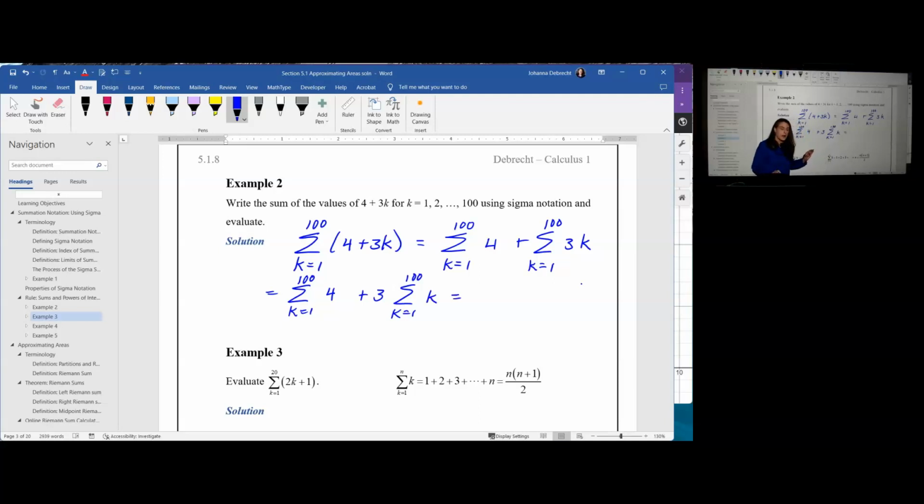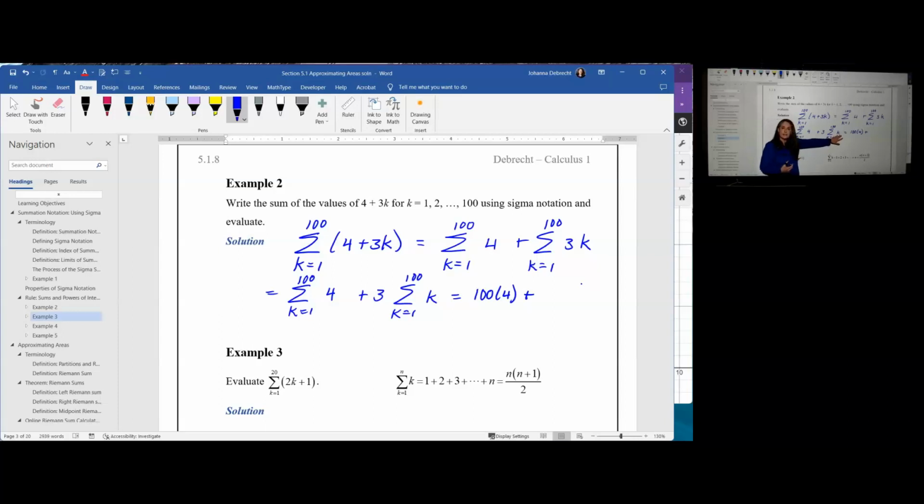Remember, it is required that if the sum starts at 1 and you just have a constant for the sum end, then that is the upper limit of summation times the sum end. And that would give us 100 times 4 for the value of the first sum. And notice I got that without adding 100 numbers together.